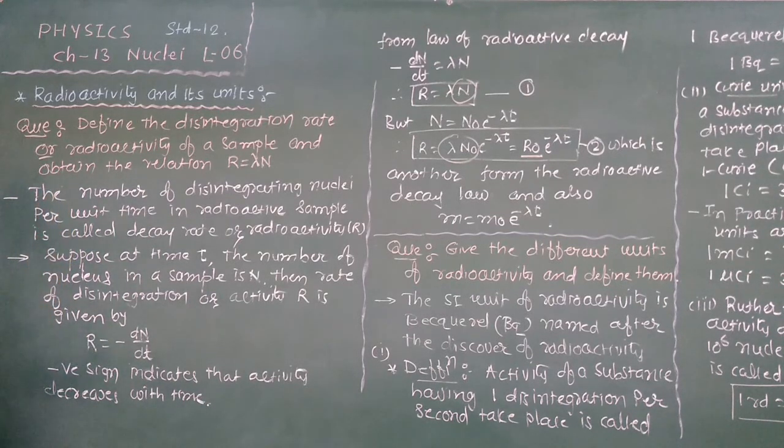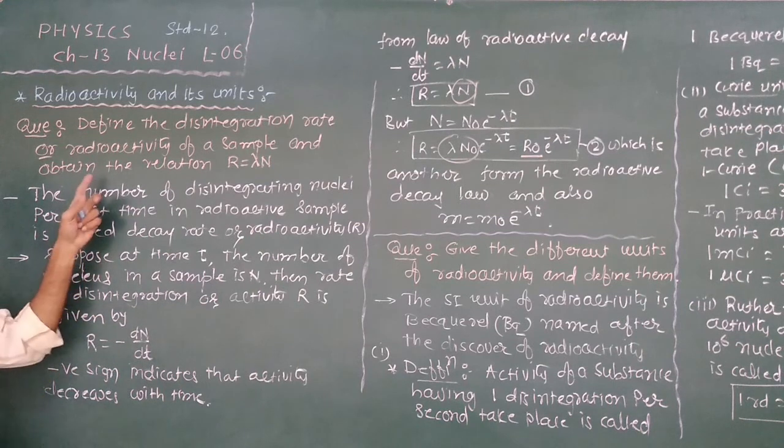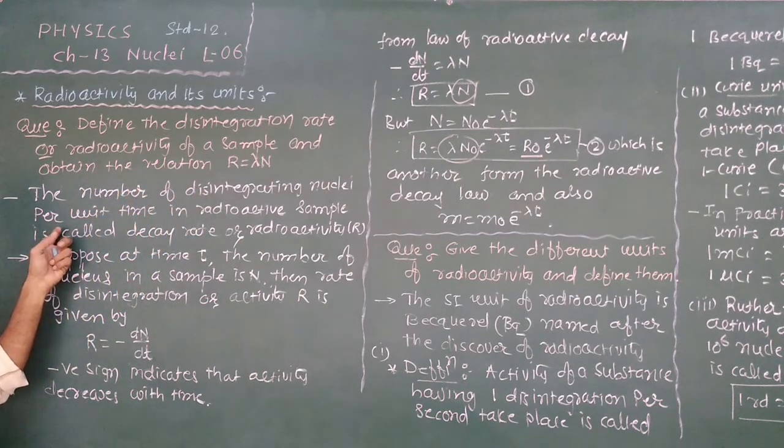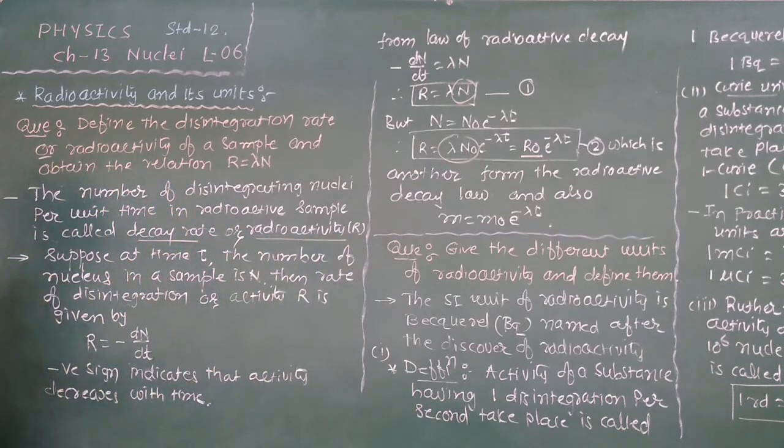The number of disintegrating nuclei per unit time in a radioactive sample is known as the decay rate or radioactivity, denoted as capital R. Suppose at time t, the number of nuclei in a sample is N. Then the rate of disintegration or the activity R is defined as R is equal to minus dN by dt.